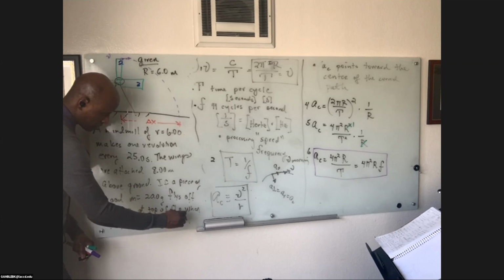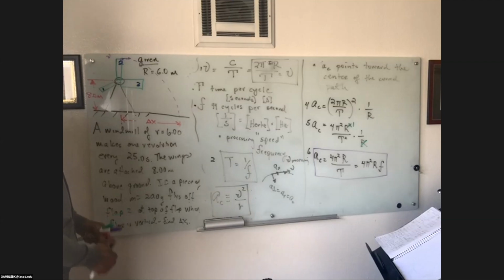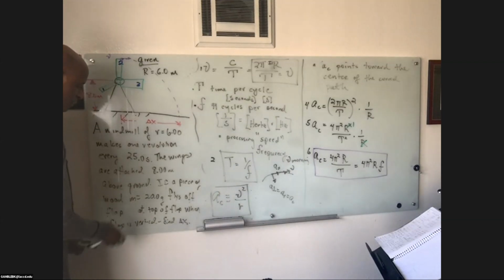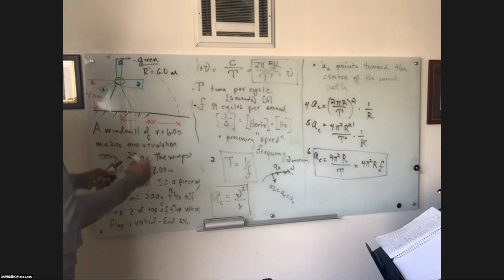Find delta X. So if a piece of wood, 20 grams, flies off of flap number 2, at the top of the flap, when the flap is vertical, in this position, find delta X, the distance that it moves in the horizontal before it hits the ground.